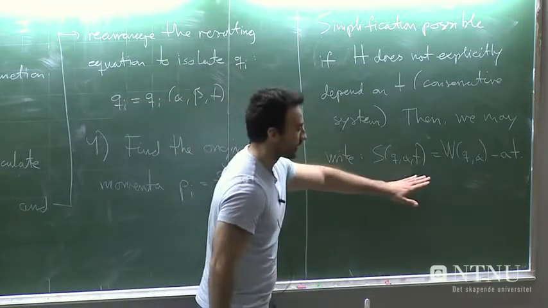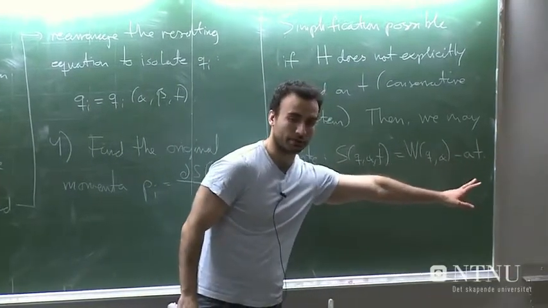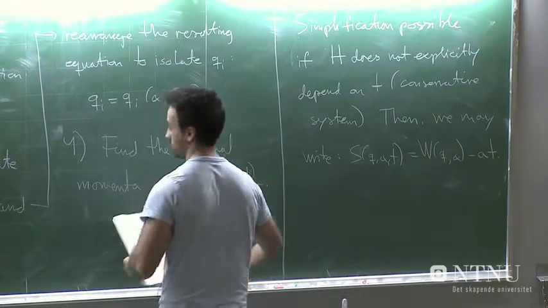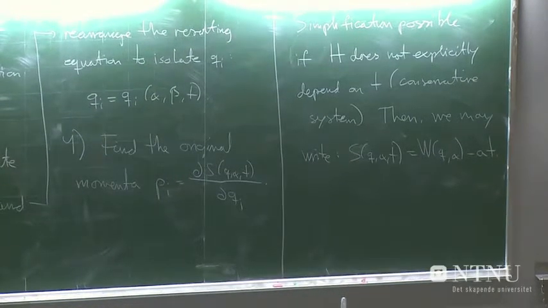We can basically separate Hamilton's principal function into a time-independent and a time-dependent part. And this is not possible to do for the general case where the Hamiltonian is time dependent. So let's see what happens if we do this.